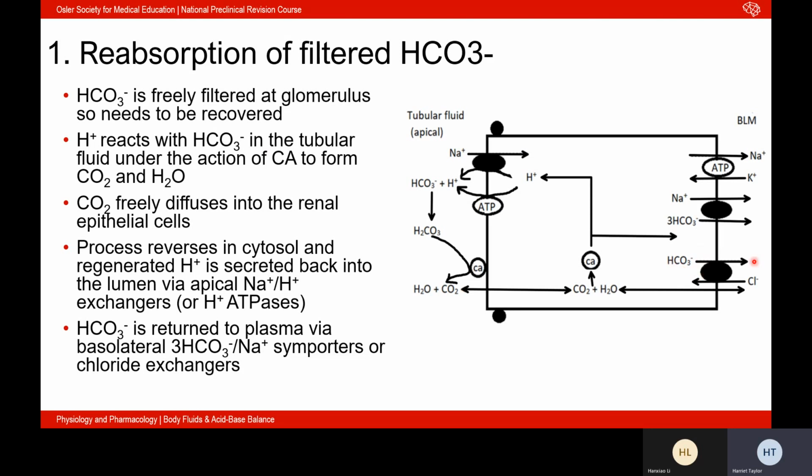So we're not totally losing all of our negative ions, we're actually maintaining our charge across the membrane by also transporting in some chloride ions, which are also negatively charged. And in the same way, we're transporting out some sodium, which is a positively charged ion, so we're maintaining our isoelectric balance.